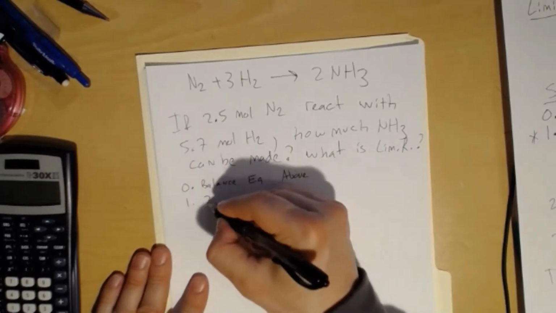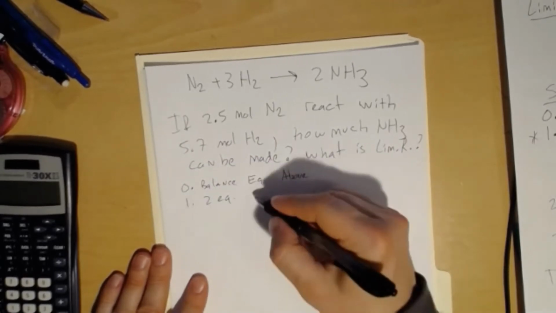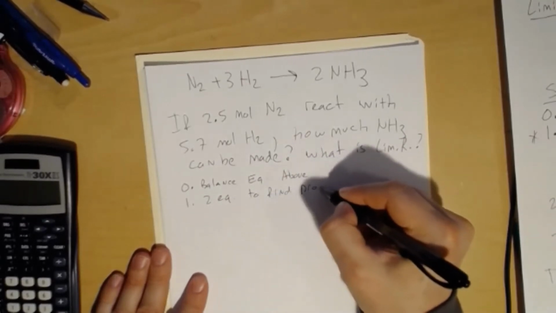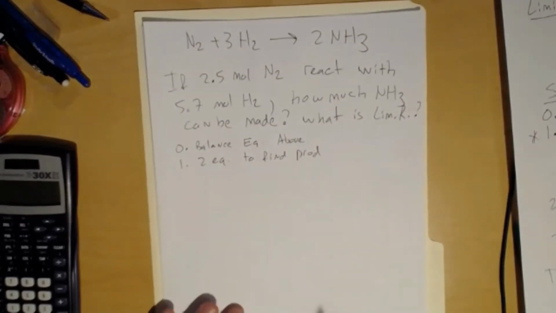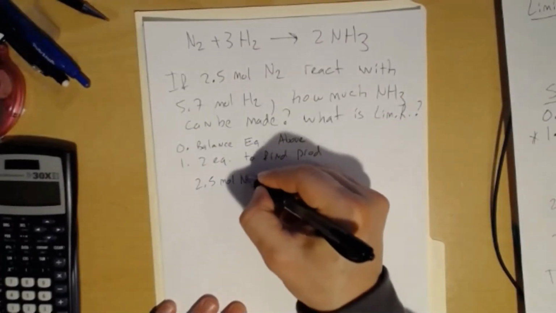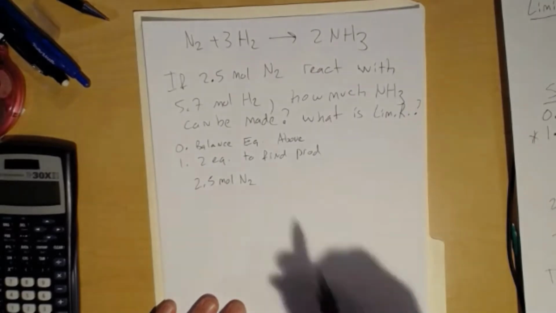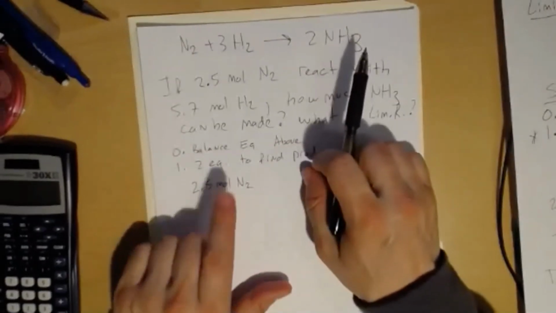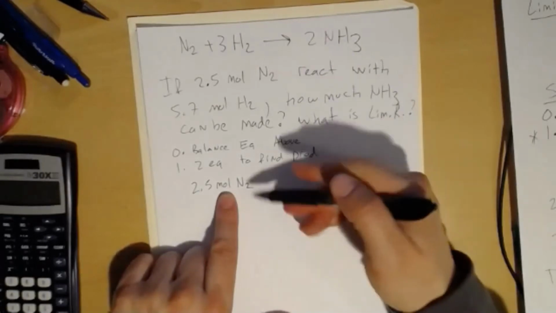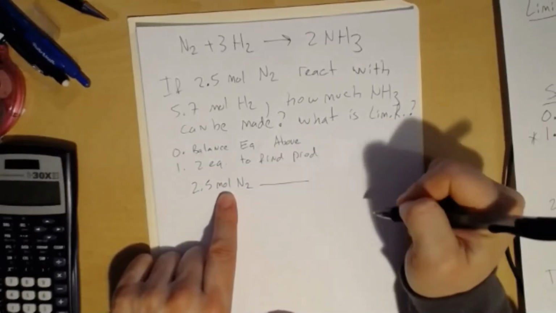Step 1, 2 equations to find product. So here we go. I have 2.5 moles of nitrogen. According to 2.5 moles of nitrogen, how much ammonia could be made? What's the mole ratio?